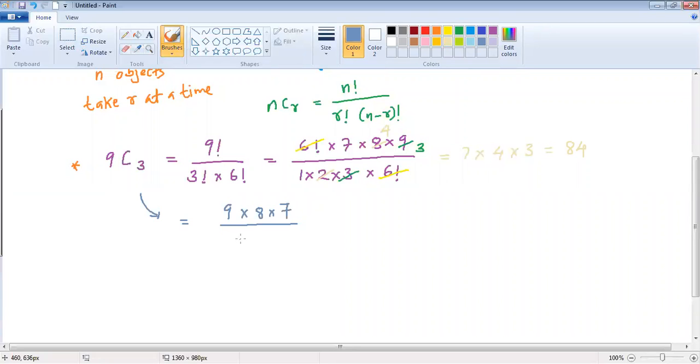So 9 into 8 into 7. In the denominator you have to start from 1 and move 3 units forward, 1 into 2 into 3. So you will get the same thing here also.